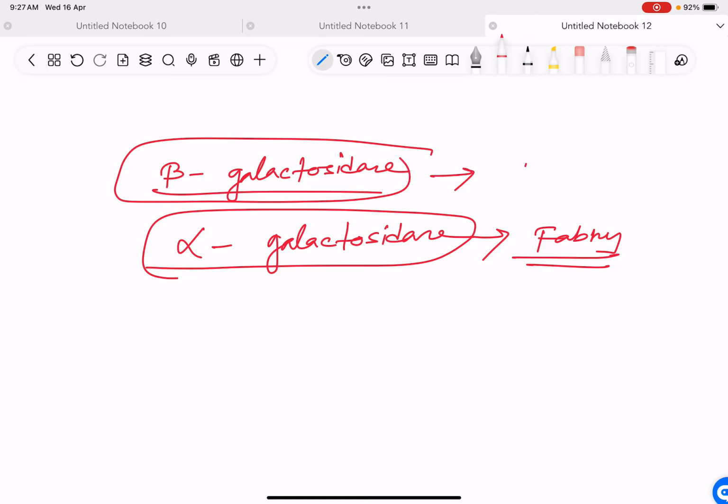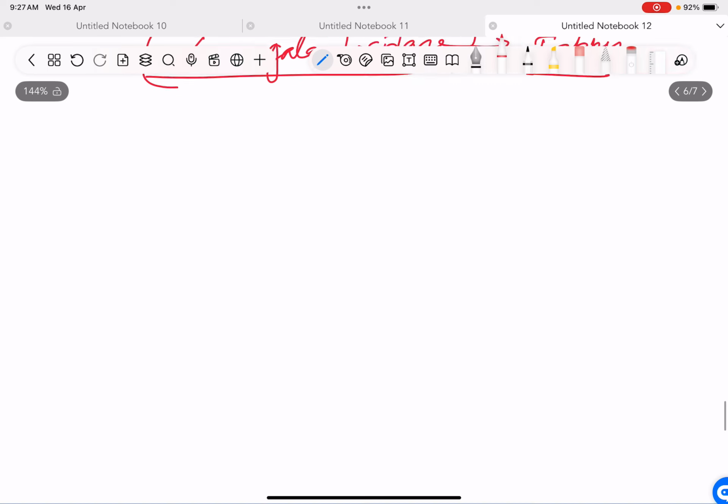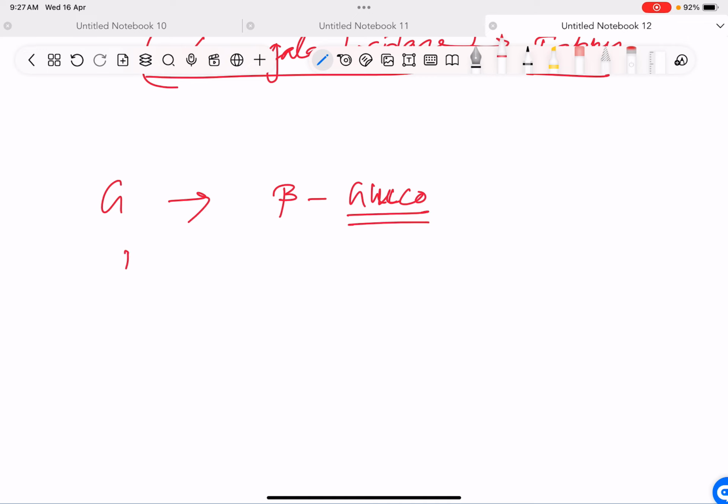In GM1 gangliosidosis, it is beta galactosidase. So if I ask you what is the defect in Gaucher disease, you have to tell me it is beta glucocerebrosidase. In Niemann-Pick disease, what is the enzyme defective? It is acid sphingomyelinase in type A and type B. In type C, it is NPC1, NPC2.